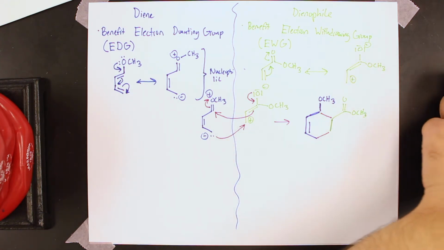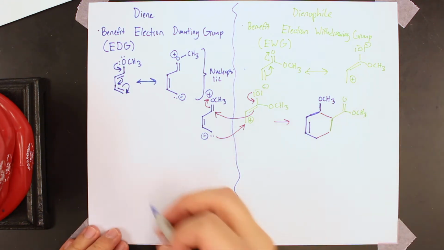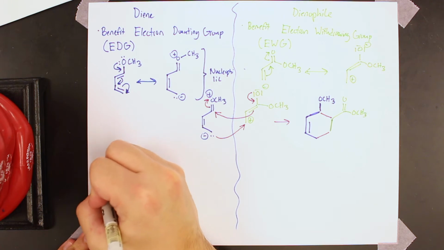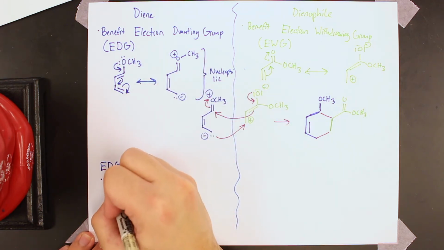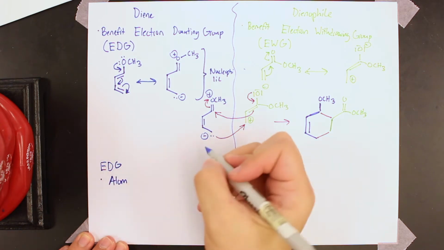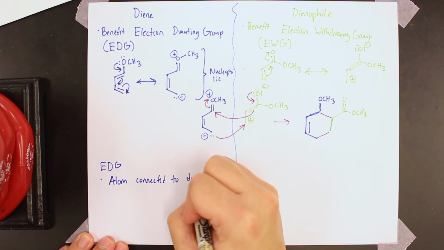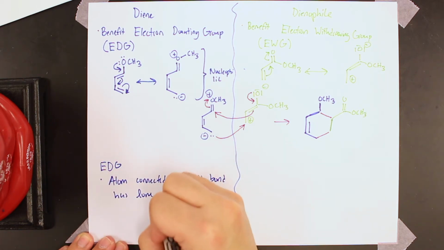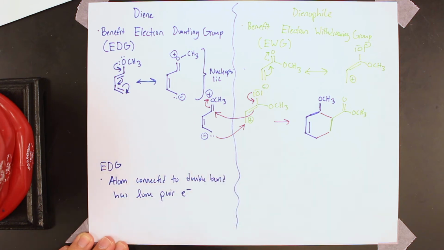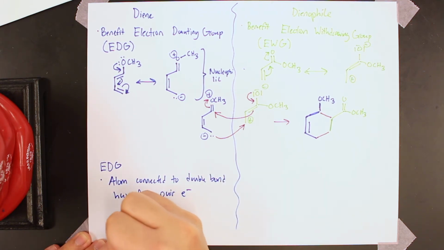Lastly, I just want to touch on identifying withdrawing and donating groups. So for identifying an electron donating group, how do I know if the group is electron donating? A good indicator is that the atom that's attached to the structure, the atom connected to the double bond, has a lone pair of electrons. So if you have something like this, you see we have lone pairs there.